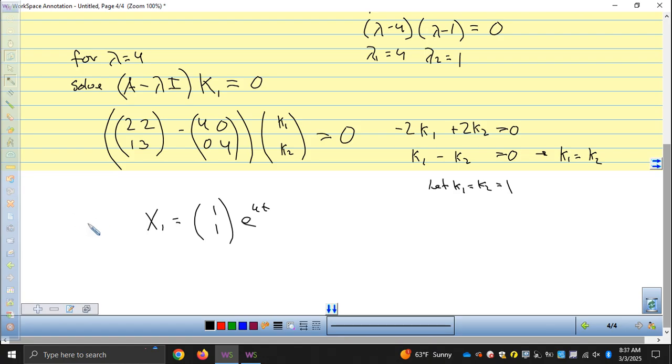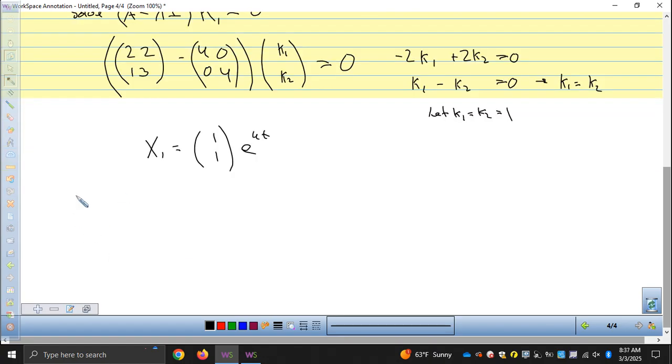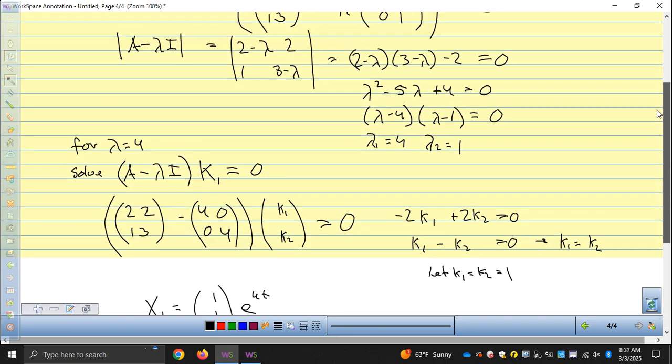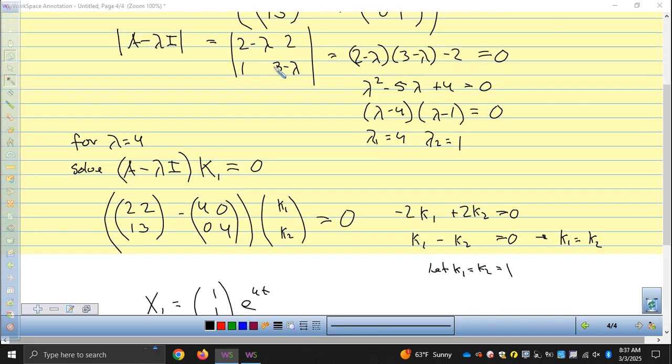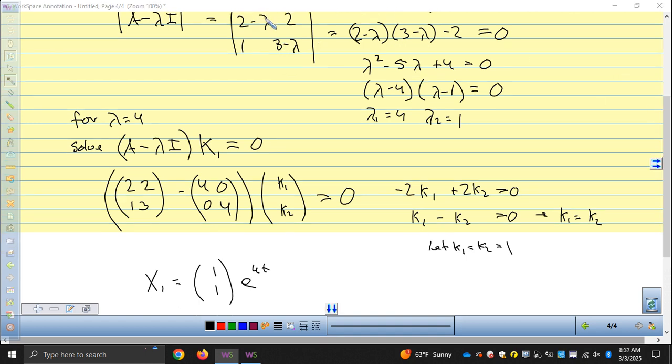For lambda equals 1, what I usually do is I go to this determinant, because my equation is going to be 2 minus lambda times k1 plus 2 times k2, 1 times k1 plus 3 minus lambda k2.